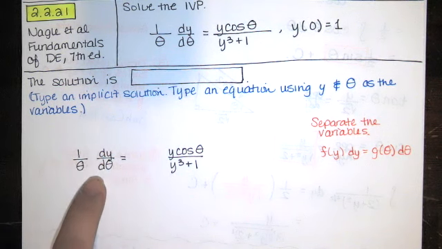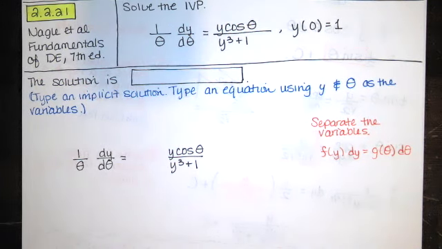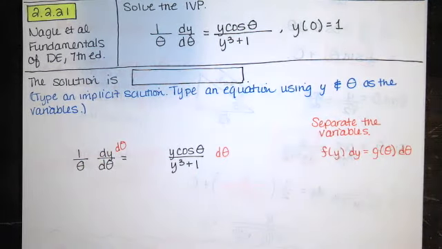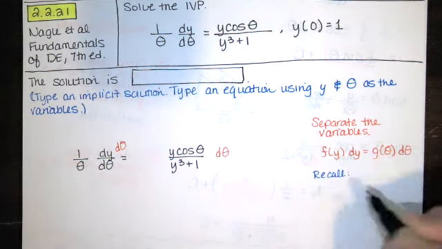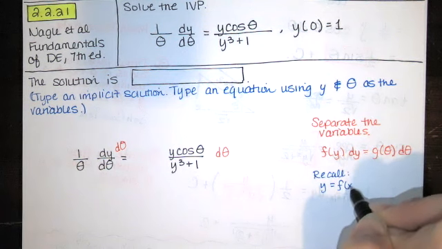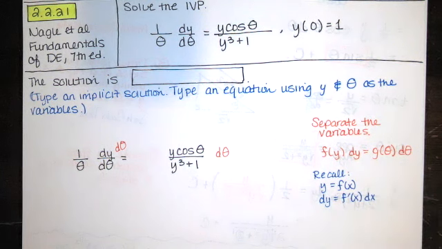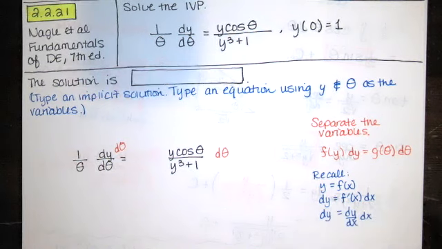Notice you have a dy d theta over here. If I want this to just be a dy, all I have to do is multiply both sides by d theta. It's because of the definition of the differential of y. Remember in calculus 1, if you had y equals a function of x, dy was defined to be that derivative times dx. That's how we defined the differential. Now this derivative in prime notation could just as easily be written as dy dx times dx, so we could use Leibniz notation instead.